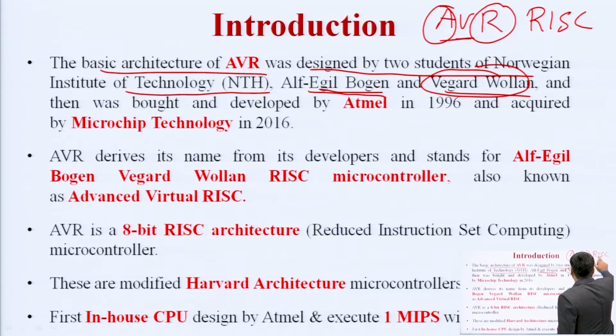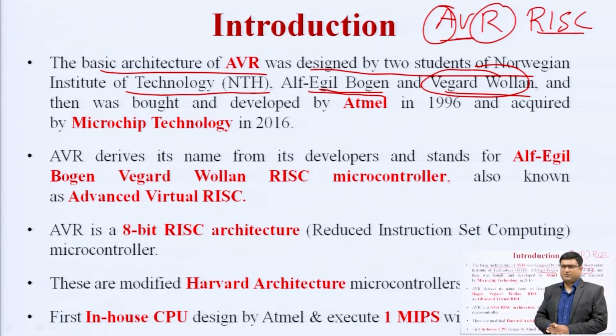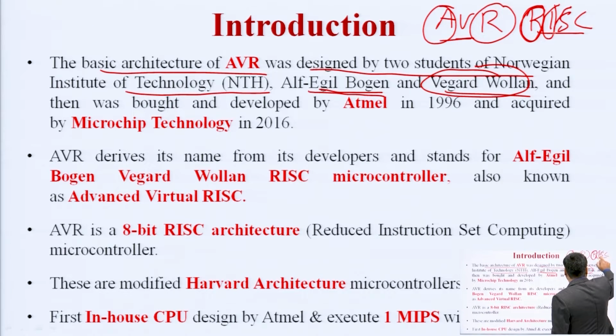One of the most important features of AVR microcontroller is that it has a RISC architecture. So, basically what is RISC? RISC means reduced instruction set computer: R means reduced, I means instruction, S means set, and C means computer. So, it has a reduced instruction set computer architecture.